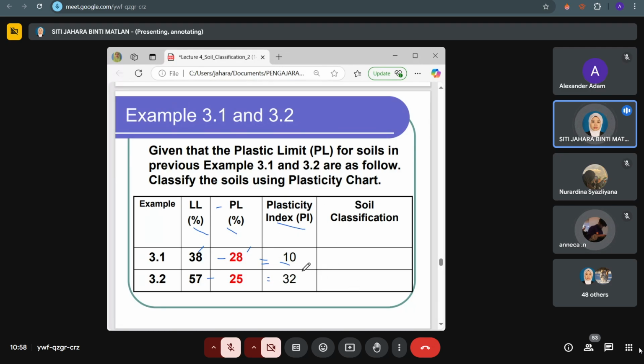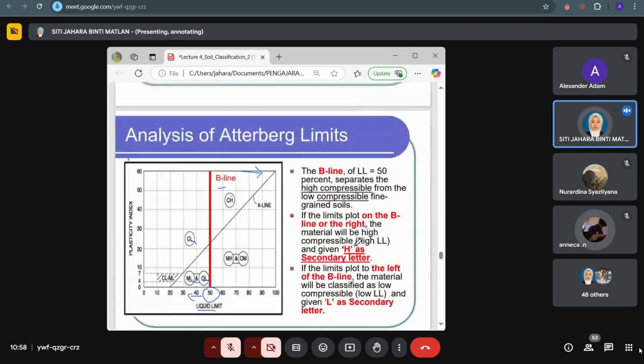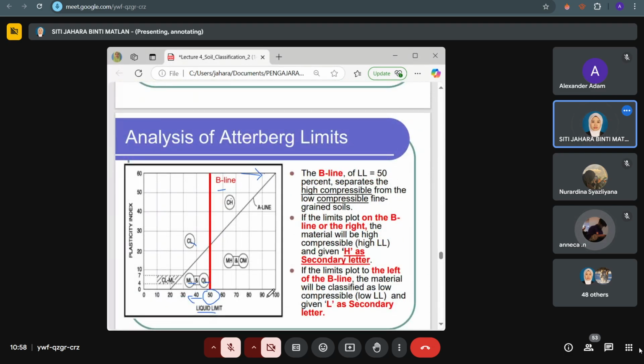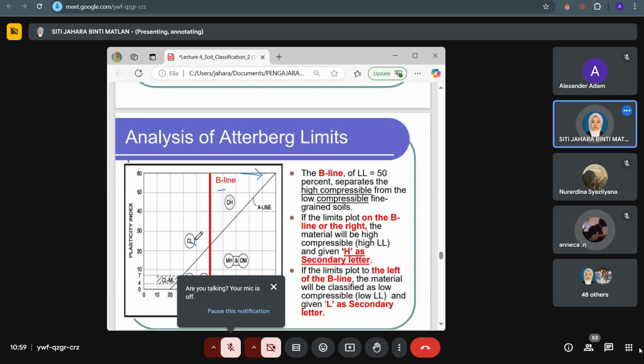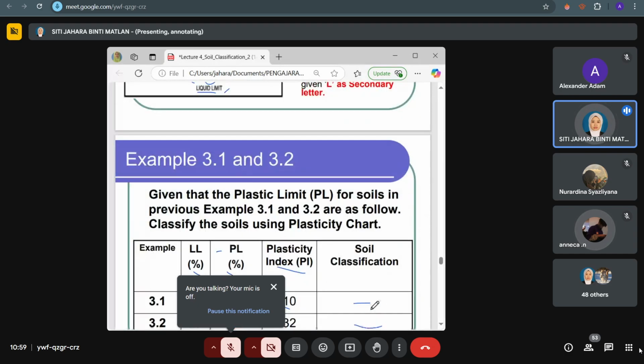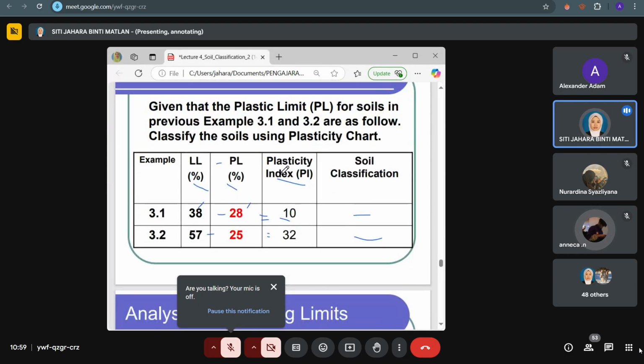So based on these values, plasticity index and LL, we can classify the soil using the plasticity chart. Based on the values, we plot and obtain the symbol or the soil type, based on the plasticity index and liquid limit. You can try this yourself.